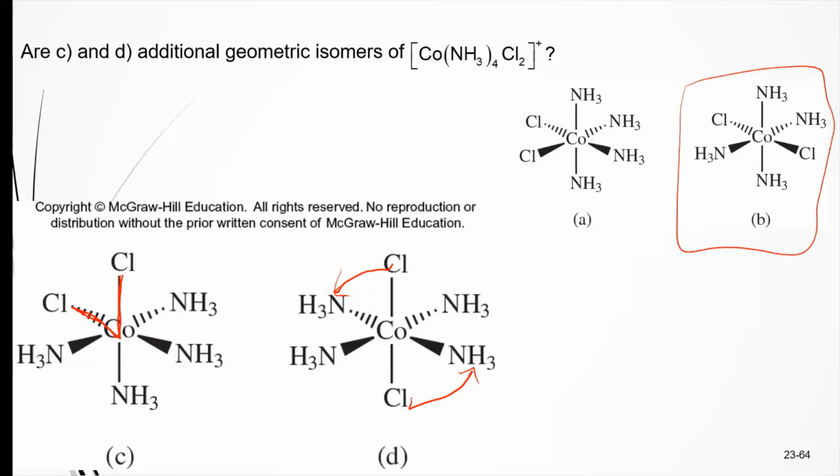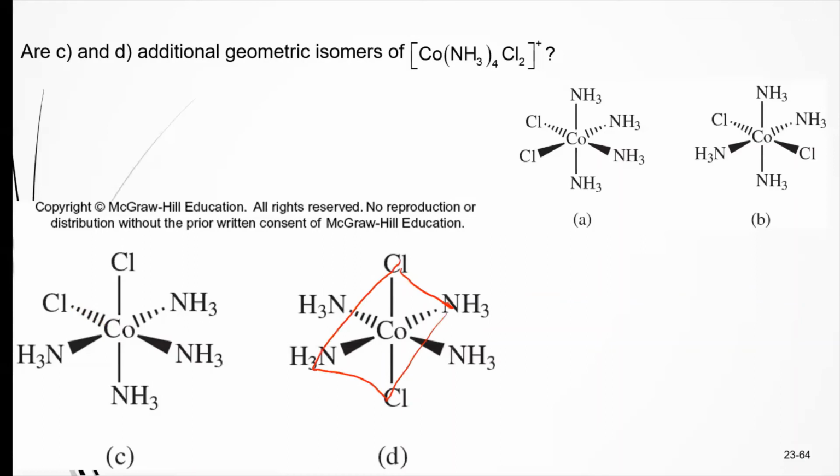You can also imagine that these four are all in the same plane, the same way that these four are in the same plane, and then those chlorines are across from each other. These four are in the same plane as these four, and we still make this L shape just like we do here.